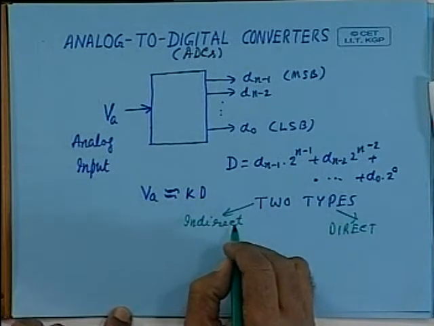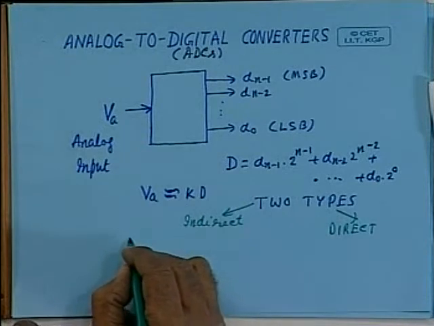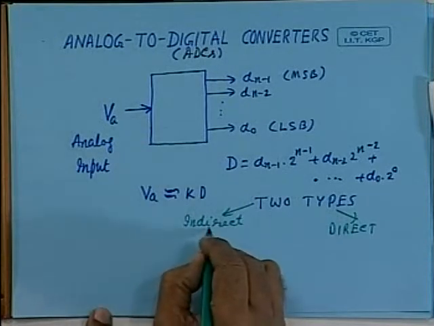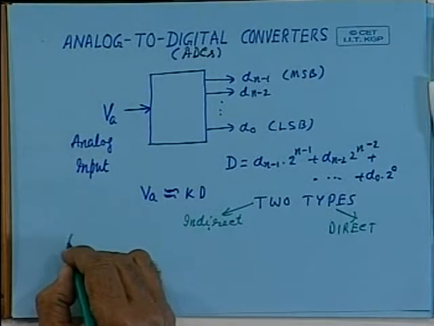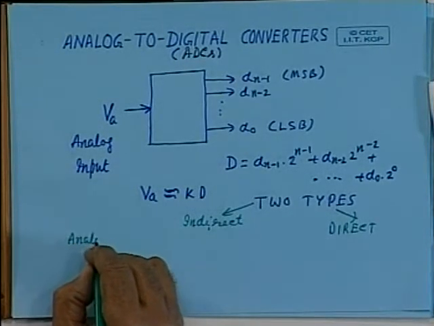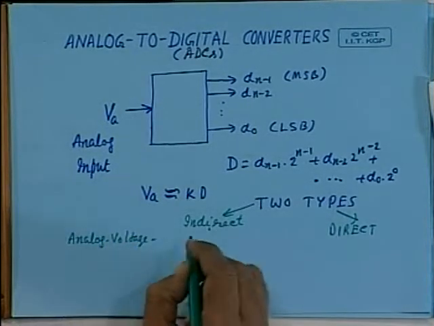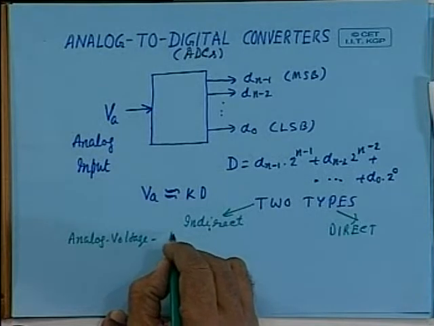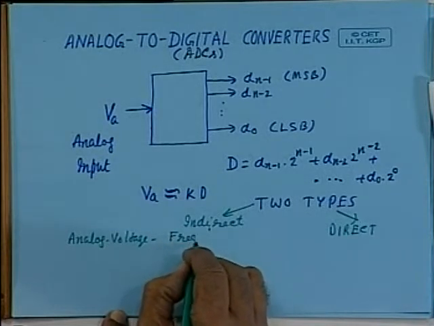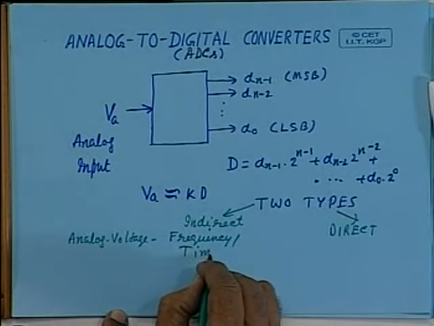In the indirect type, usually the analog voltage is first converted into some intermediate form, usually frequency or time period.